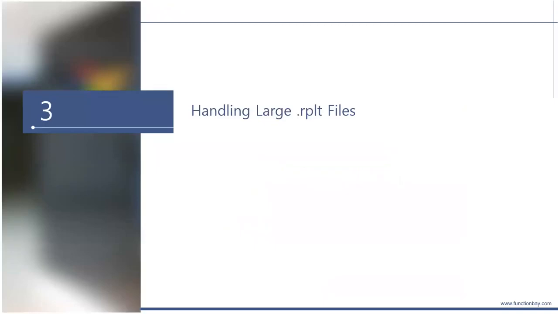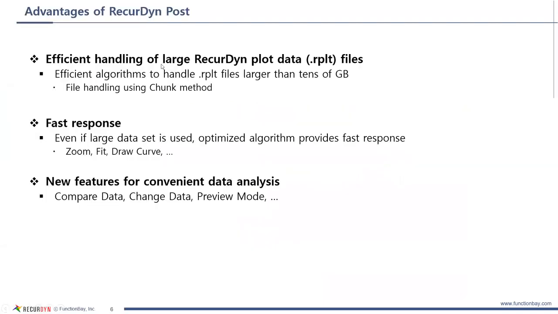So the advantages of RecurDyn post. The main advantage is that it allows you to efficiently handle large RecurDyn plot data files. It has efficient algorithms to handle RPLT files larger than tens of gigabytes, and the file handling is done using a chunk method, which we'll cover shortly.